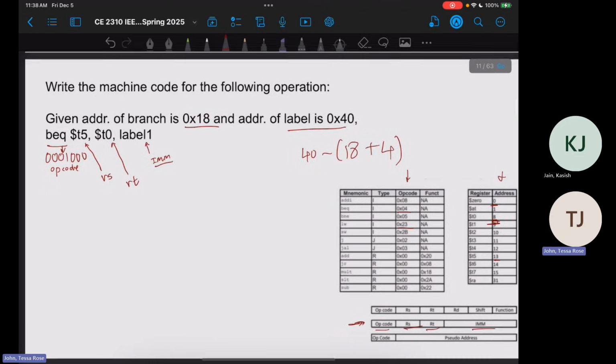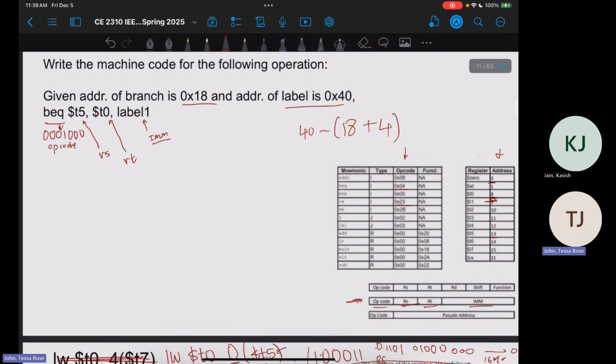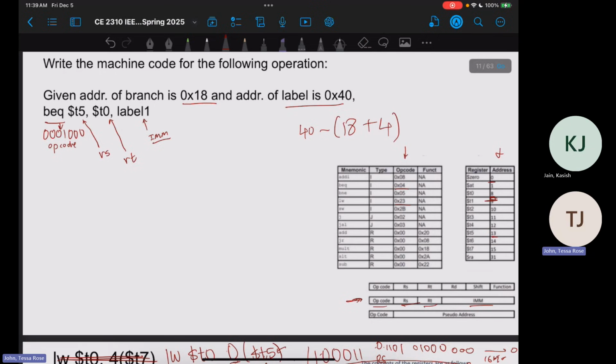Yes. So we're supposed to convert it to decimal.